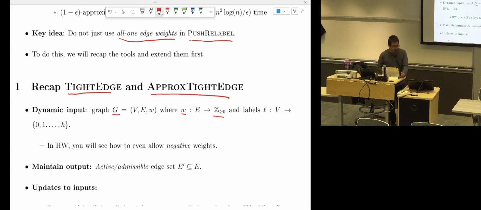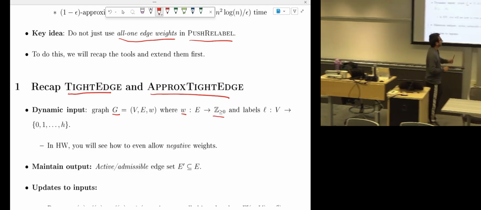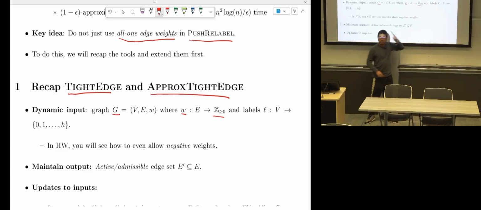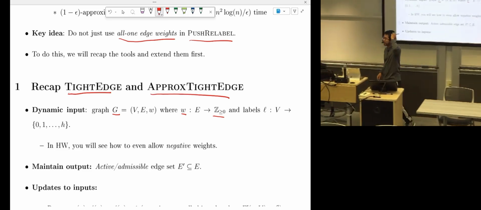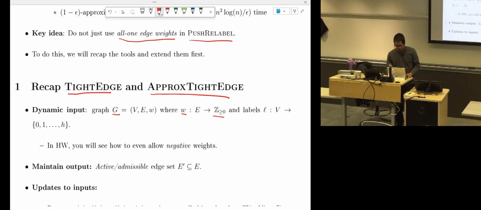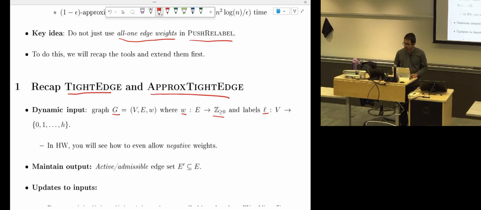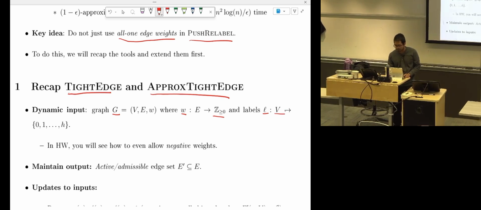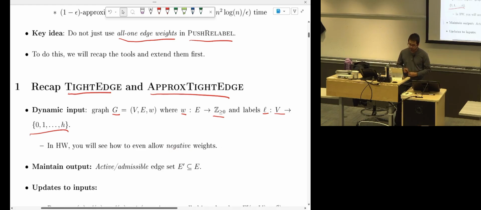And at least in our class, we assume the weights to be non-negative. And there's going to be some label on vertices too, a label that maps vertices to numbers up to h. Maybe in your homework you'll see how to handle negative weights. But in class so far, we just assume non-negative weights.